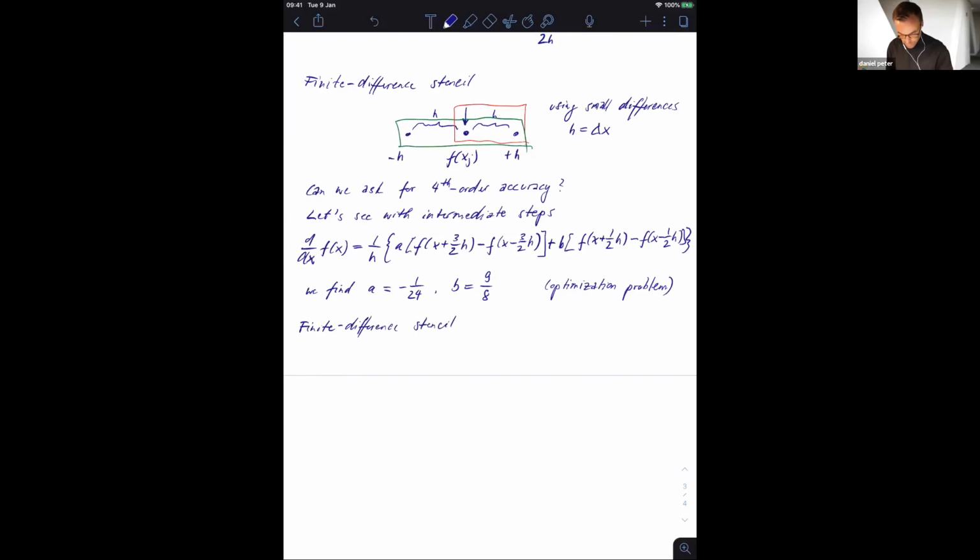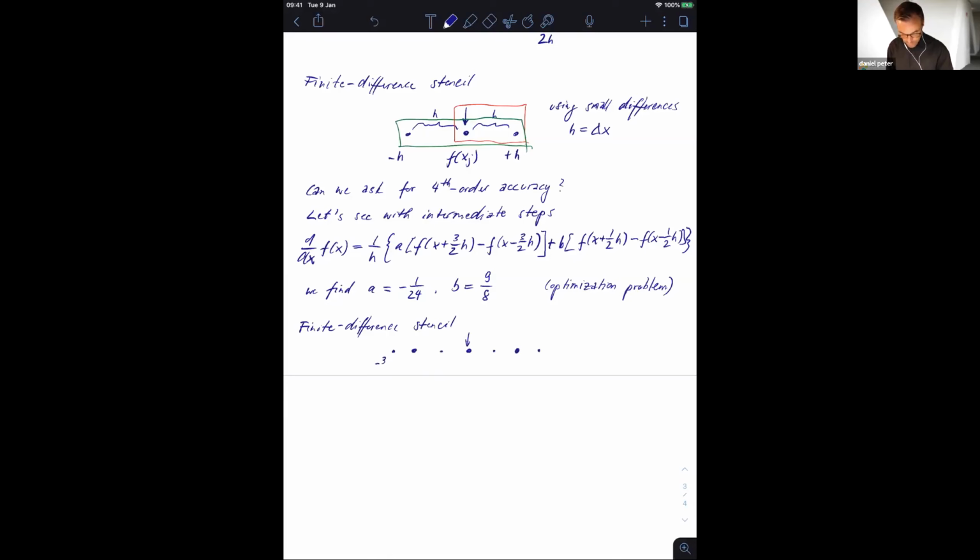So we have our midpoint where we want to evaluate the derivative. And then we had these two neighbor points at plus and minus h, but what we now do is basically we evaluate at these intermediate steps.